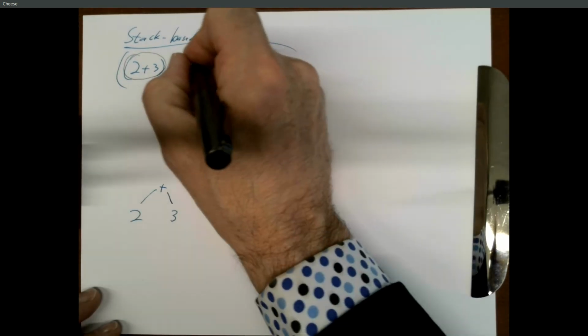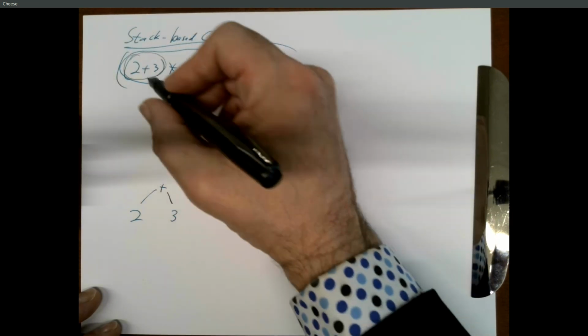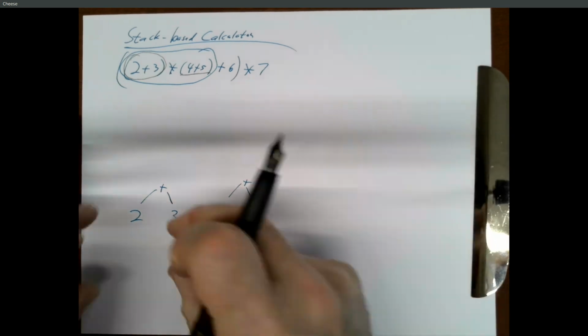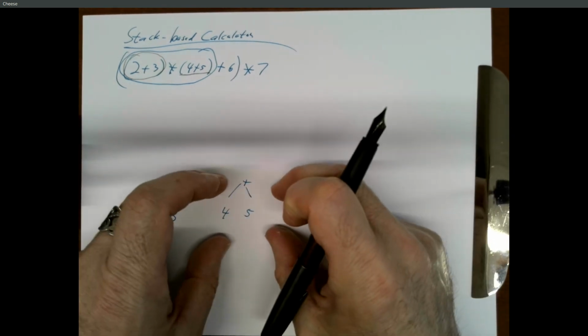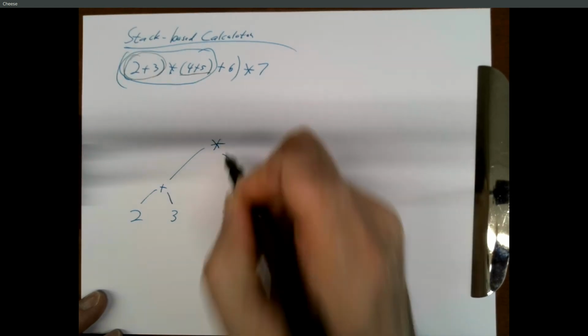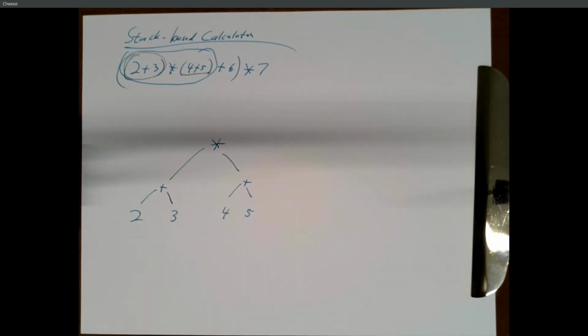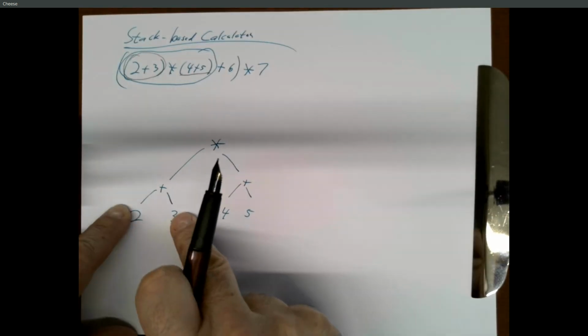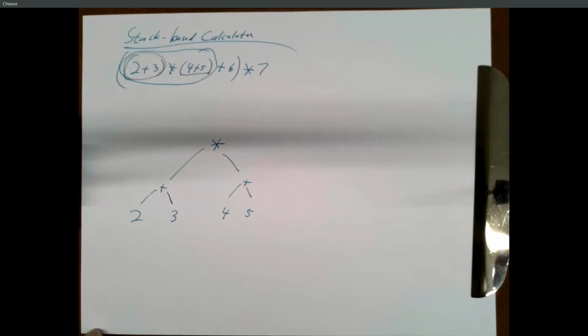Well, this piece of our expression says I want to take the result of this calculation and that calculation and multiply them. Well, if this is the first calculation and this is the second calculation and I want to multiply them, I can simply take those and make them children of a root which represents multiplication. So this tree corresponds to this expression. This thing, that thing, multiplied together.